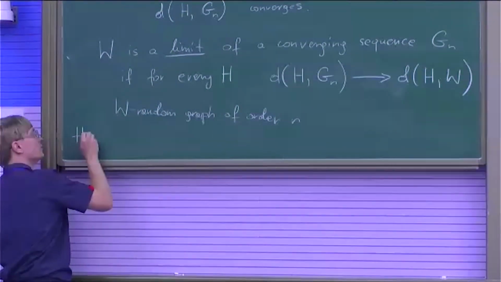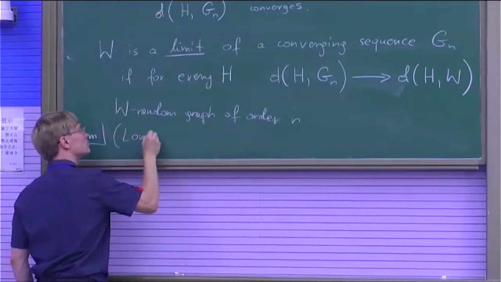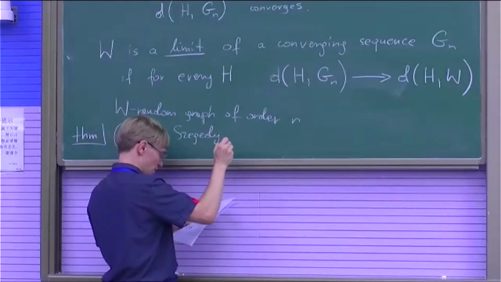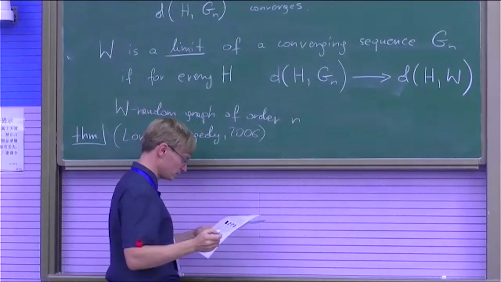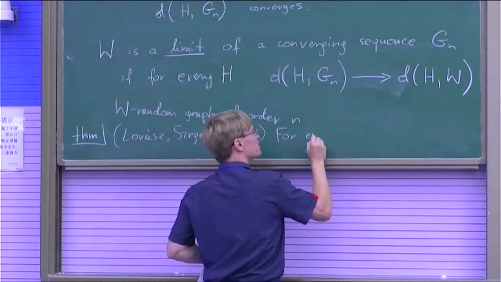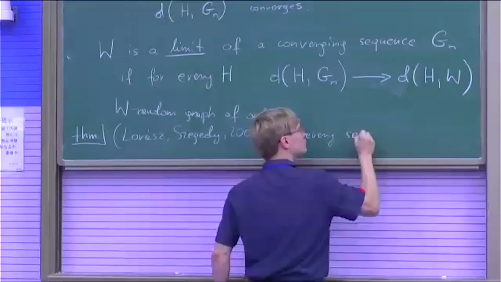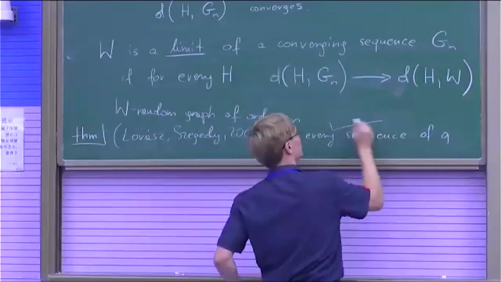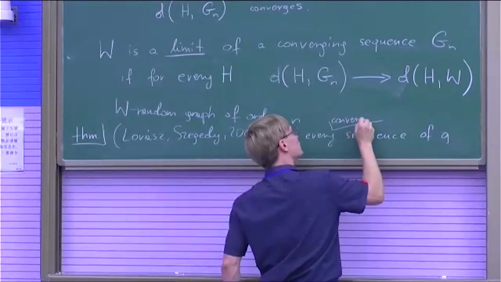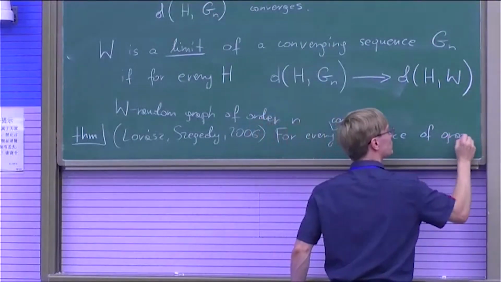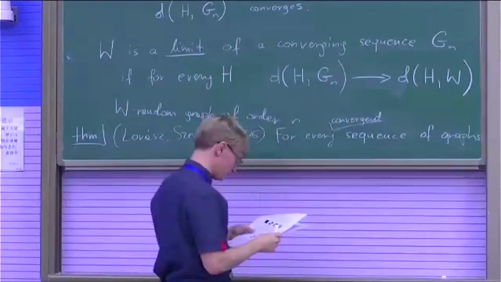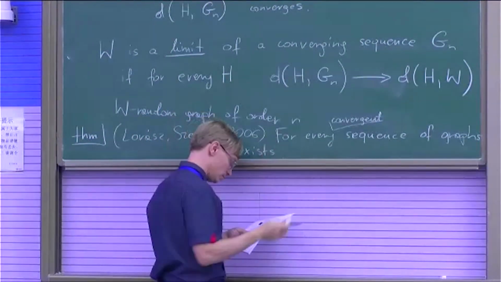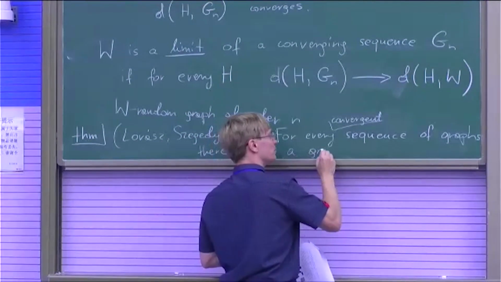So let me write it formally: for every convergent sequence of graphs, there exists a graphon.